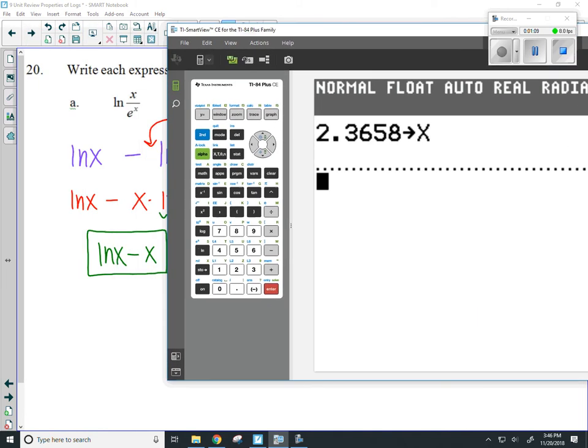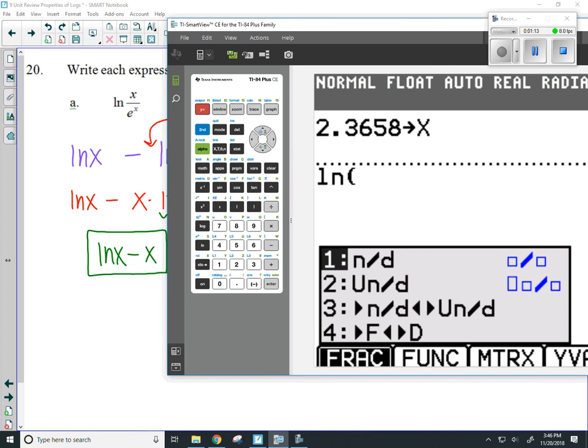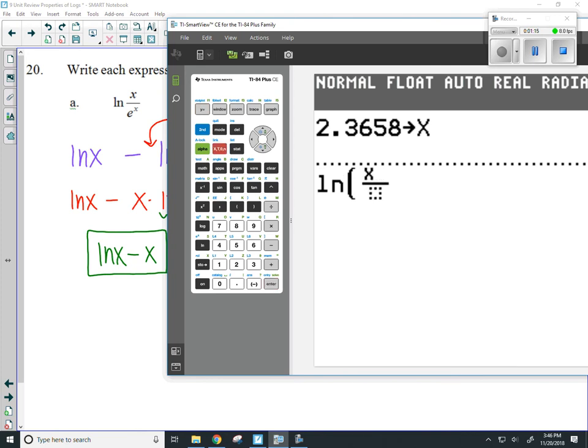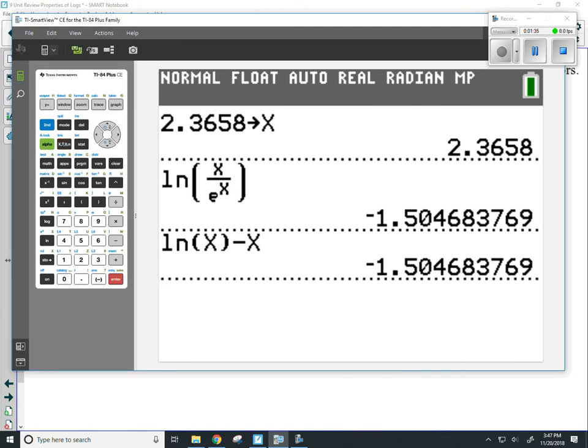So if I type ln of x over e raised to the x, and then type my final answer, which is ln of x, close the parenthesis, minus x, they should match. That's a great way to check your work.